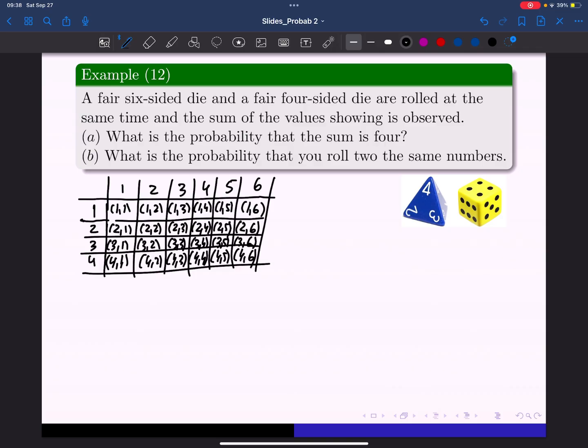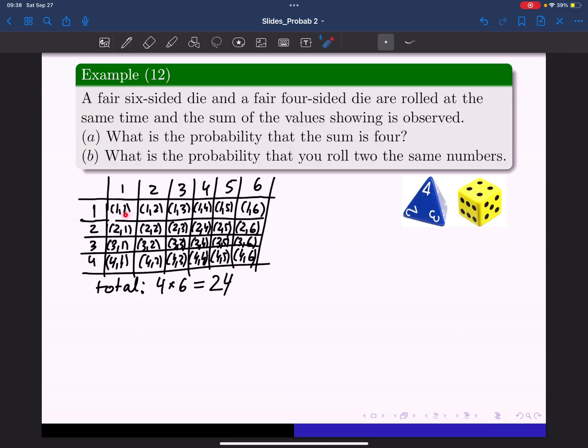So how many do we have in total? We have 6, 6, 6, and 6. So we have 4 of those 6s, which means 4 times 6, which is 24 events that can happen. Now for part A, we need to check when the sum is 4.